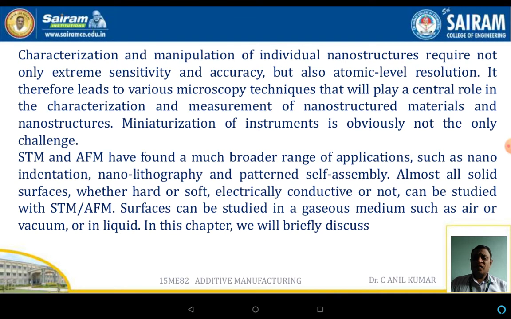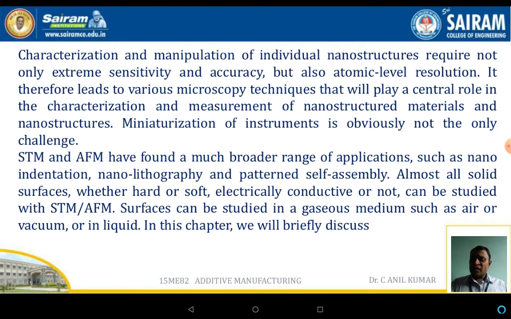Next, the characterization and manipulation of individual nanostructures requires not only extreme sensitivity and accuracy, but also atomic level resolution. For that reason, the characterization and measurement of a nanostructured material is most essential.